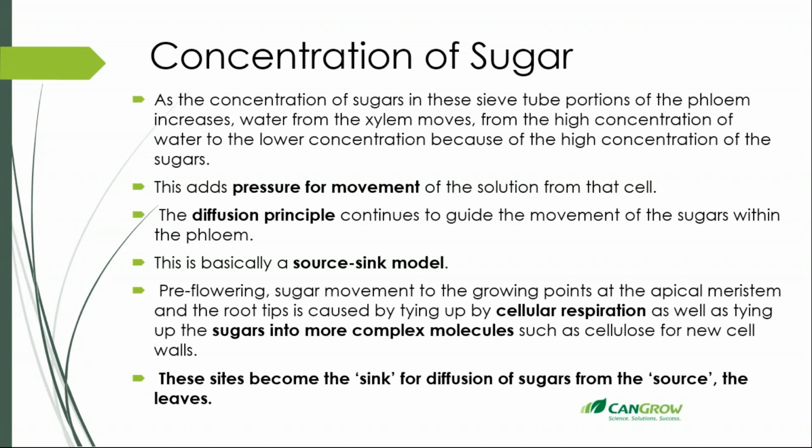Now, in pre-flowering, there's a change here. In pre-flowering, sugar movement to the growing points at the apical meristem, that could be the root tips, or the end of a leaf or a branch or whatever, is caused by tying it up with cellular respiration, or tying it up in more complex molecules, such as starches, or the development of cellulose for structural strength and integrity of the plant.